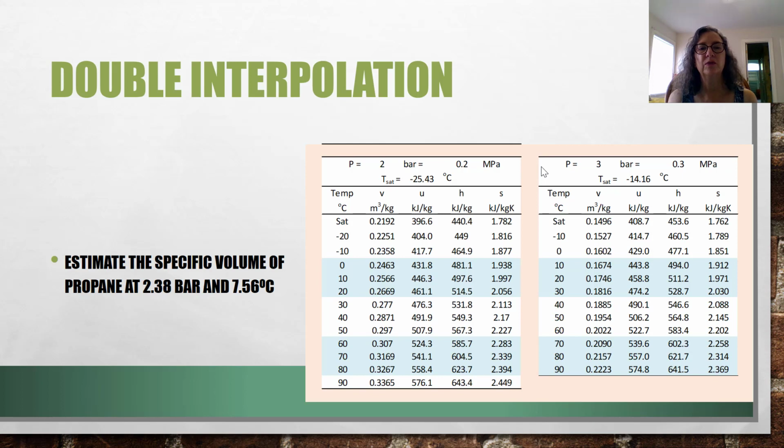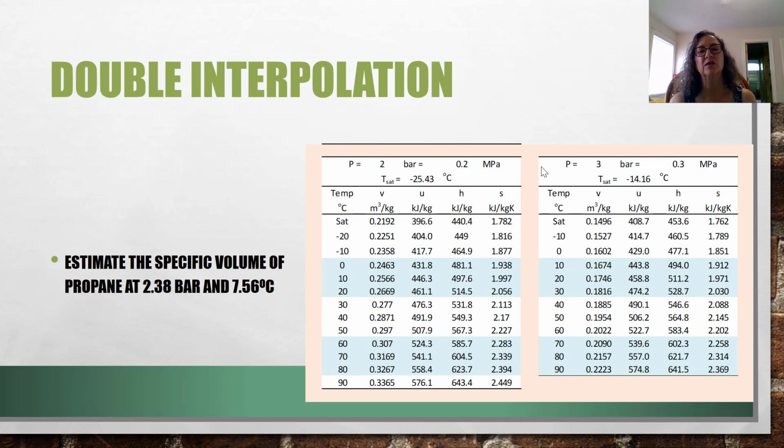If you have something, though, where this is superheated propane data, and I have data at 2 bar and at 3 bar, and at a variety of temperatures in increments of 10, and I need to know the specific volume, for instance, of propane when the pressure is 2.38 bar, between 2 and 3, and the temperature is 7.56 degrees C. So in this case, neither the temperature nor the pressure is listed on here.